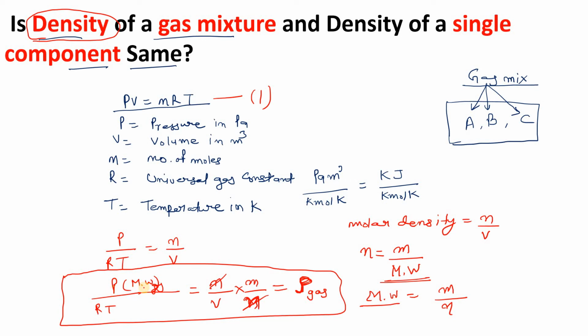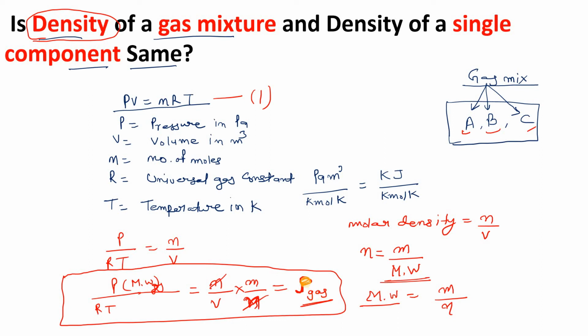But this molecular weight will be of that particular gas, suppose here A, B or C. Got my point? But now if I want to calculate the density of a gas mixture, for that I'll have to consider the average molecular weight of the gas mixture. Then only I'll be able to find the density of a gas mixture.